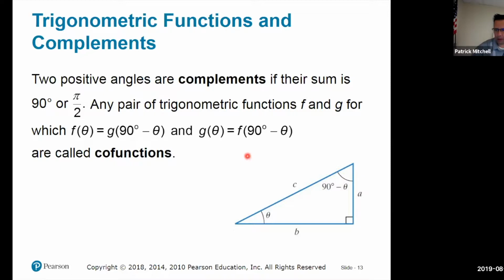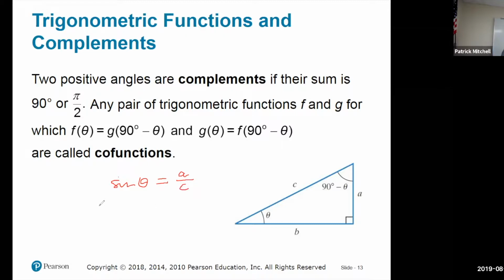Let's say that I was trying to find the sine of theta from this picture. The sine of theta would be the opposite over the hypotenuse. The opposite is a, little a, and the hypotenuse is c.